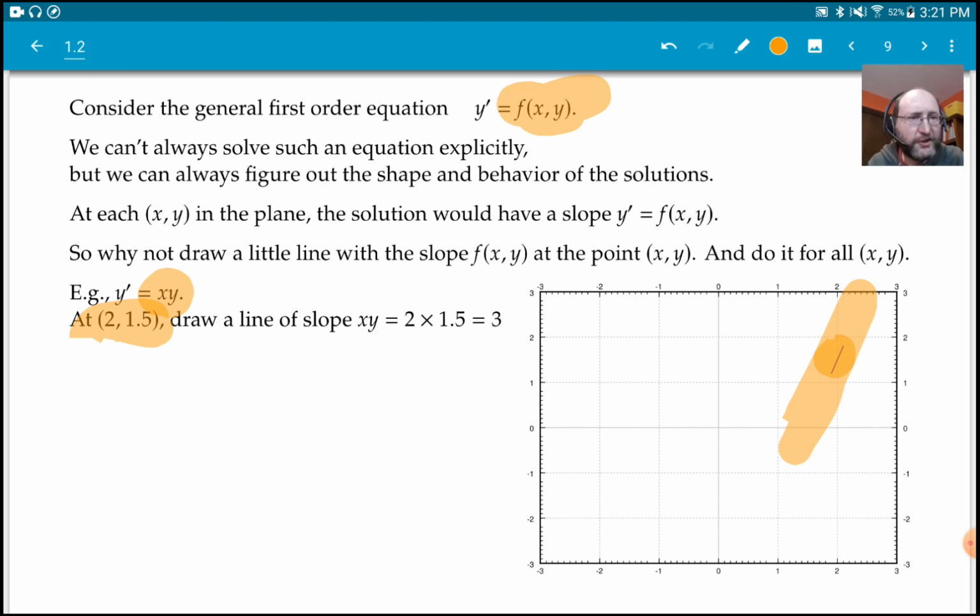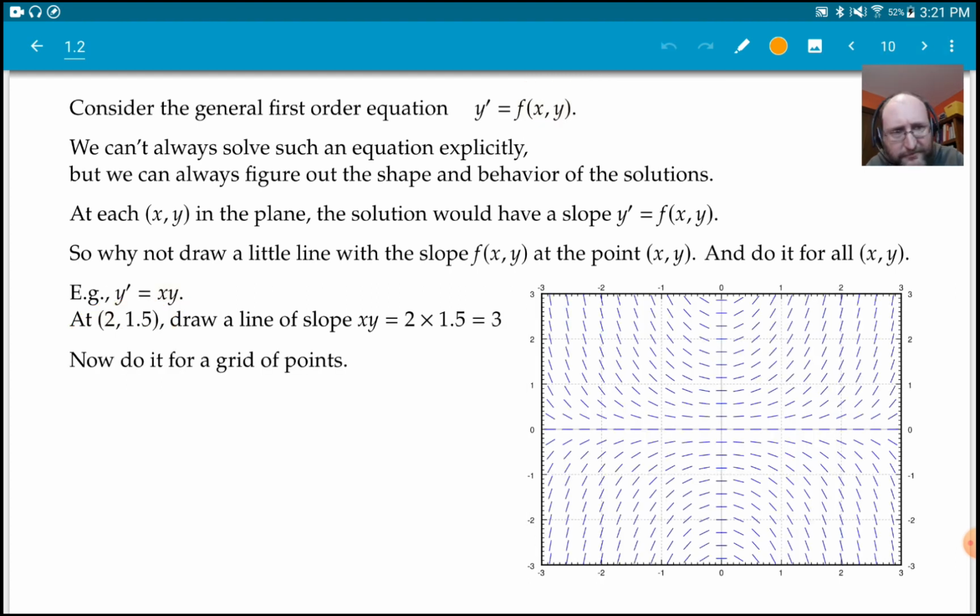Now, drawing one is not enough. You really have to draw a whole bunch. So I'll draw even smaller ones over here, and I do it for some grid. I can do it for a finer grid or for a coarser grid. Generally you use a computer to give you this slope field.